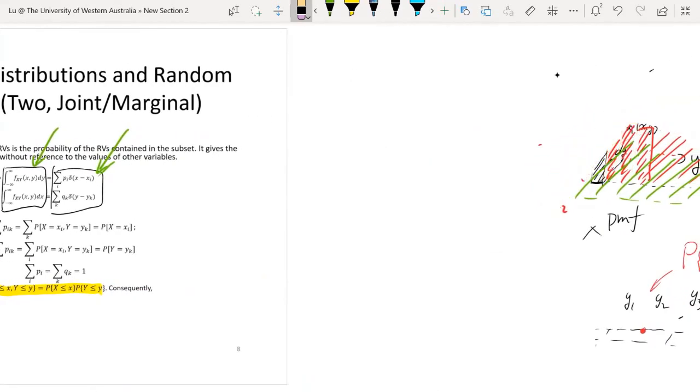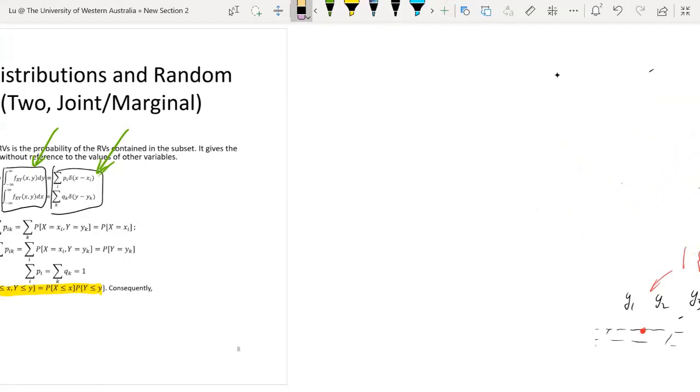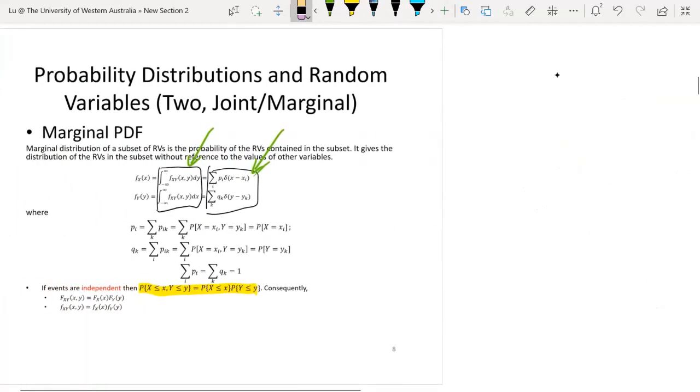So everyone please be reminded, this is called the independent relationship. It is very important for our future study. So I want you to understand what independence means here.